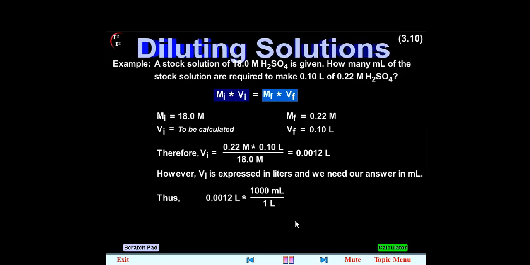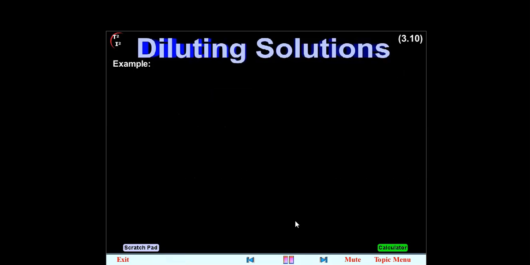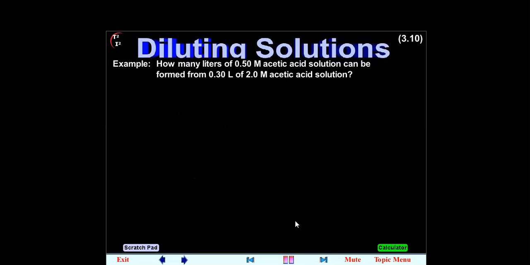Thus, 0.0012 liters times 1,000 milliliters divided by 1 liter equals 1.2 milliliters.